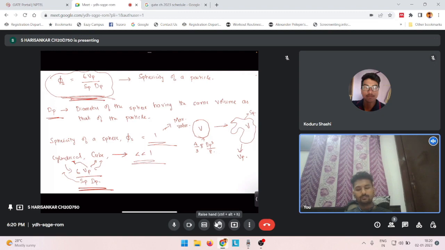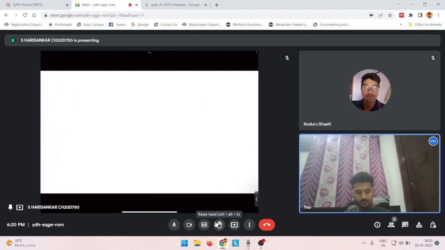Now another term with regards to the shape characterization of particles is something called the surface shape factor, and you can represent this as S. This is basically the reciprocal of the sphericity.